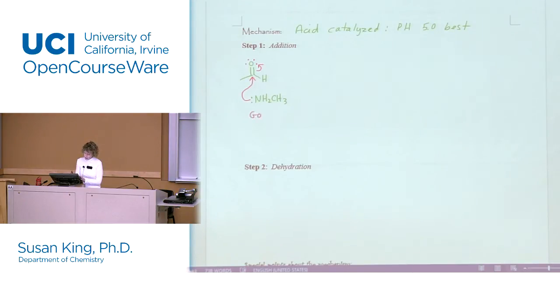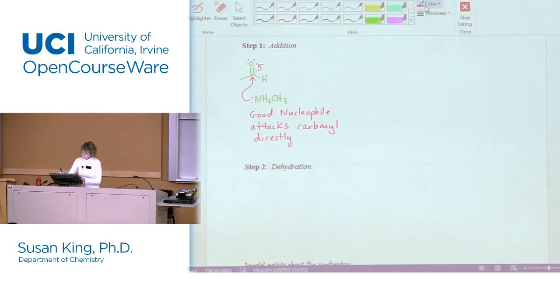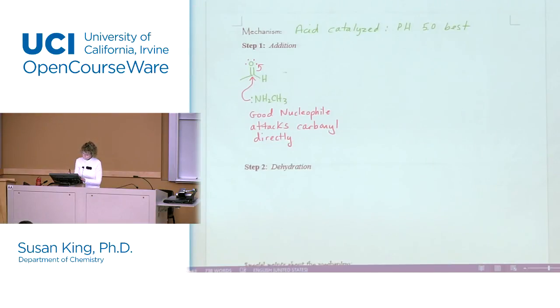So good nucleophile. This is really our exception here. Good nucleophile attacks carbonyl directly. All right. Again, reversible arrows. Let's see what happens when we do that.